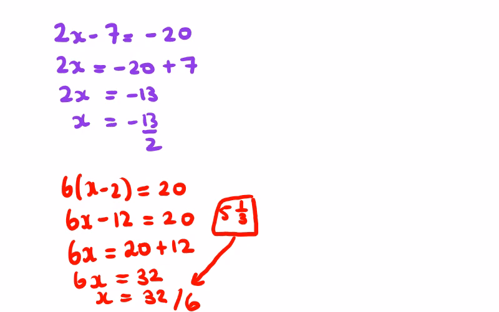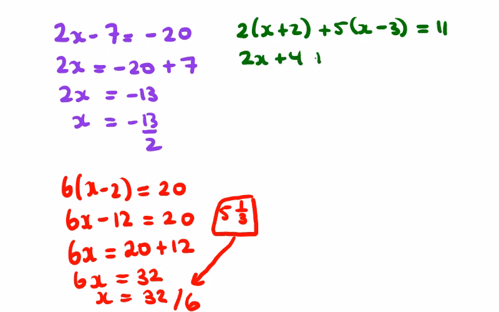Okay, next up is where we have two brackets. So probably 2 by x plus 2 plus 5 by x minus 3 is equal to 11. So we get 2x plus 4 with the first bracket plus 5x. Make sure you have a minus 15 when the minus sign is there, equals 11.